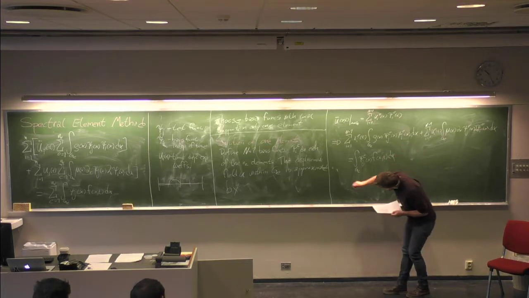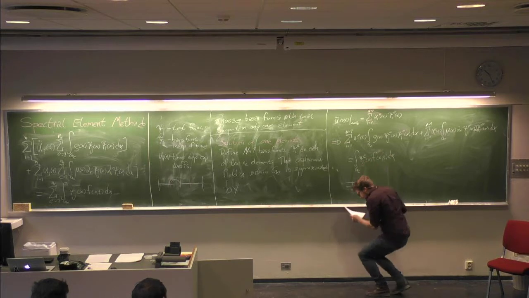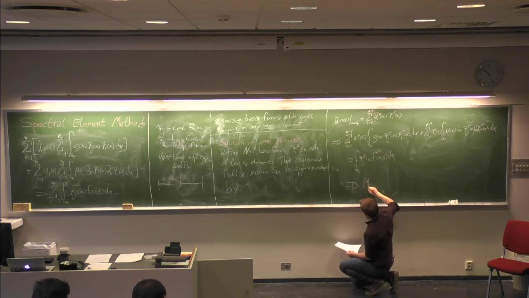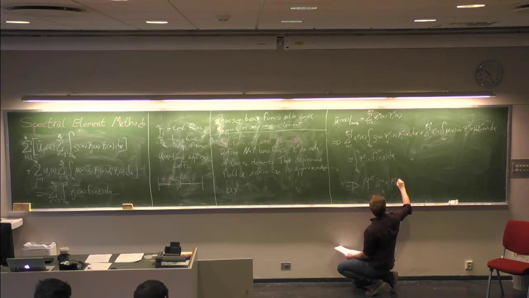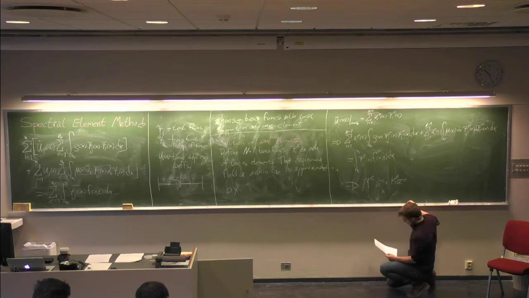And then we have a local matrix representation of this. Again, you've seen this before, only without the e's: M e, K e, u, F e of t.